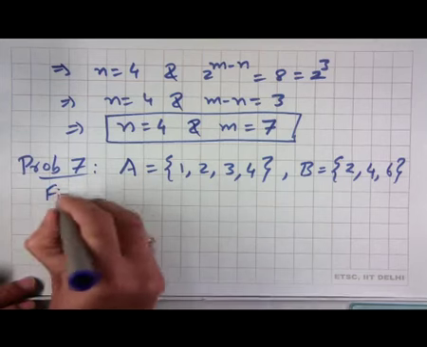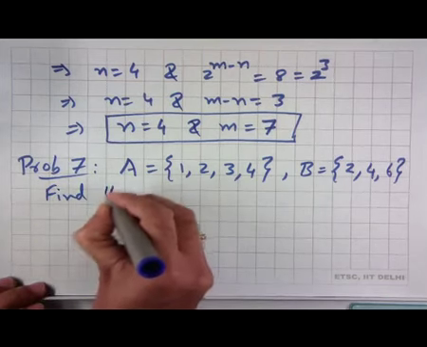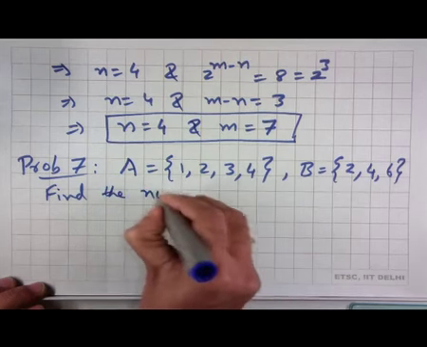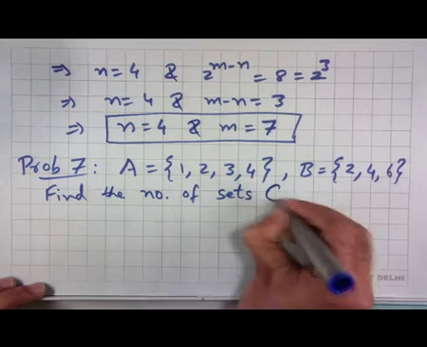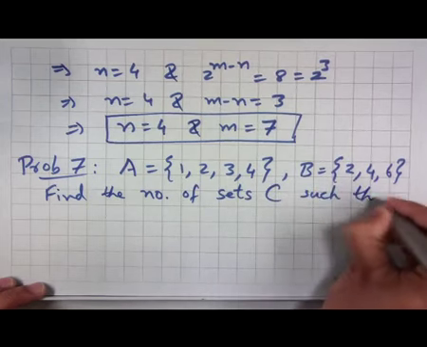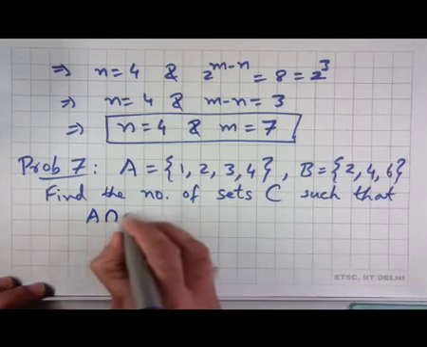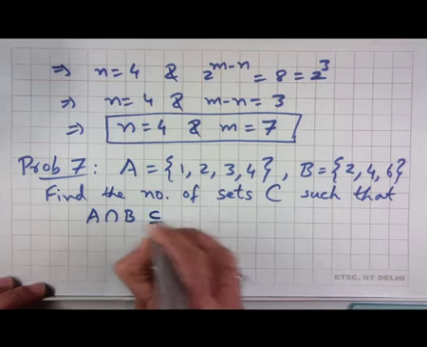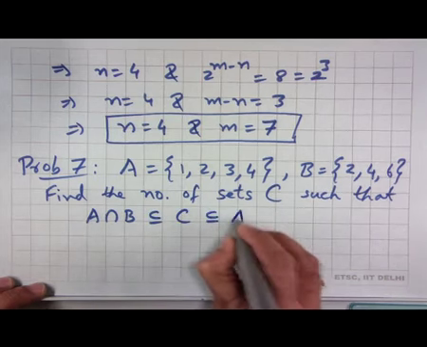Find the number of sets C such that A intersection B is a subset of C and C is a subset of A union B.